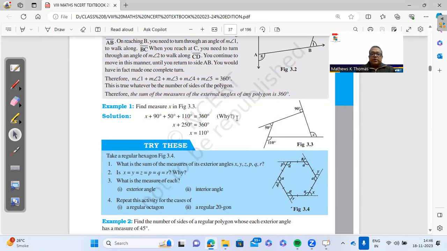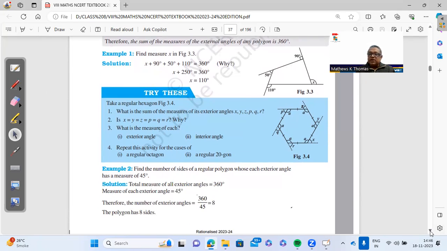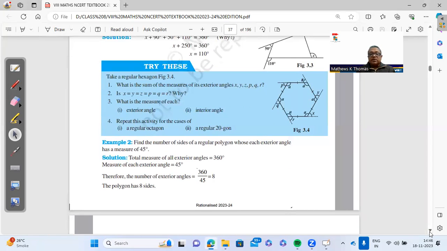This is one property you should know, that the sum of the exterior angles of any polygon is 360. You are already aware that the sum of angles of a triangle is 180, and the sum of angles of a quadrilateral is 360. And this is an important property: if you measure the exterior angles of any polygon, 4 sides, 5 sides, 6 sides, all these exterior angles together will give us 360.